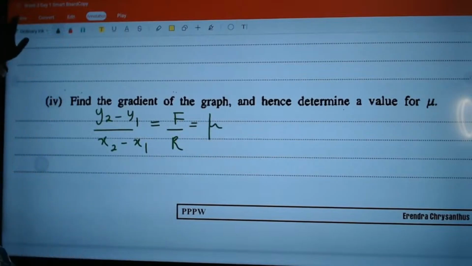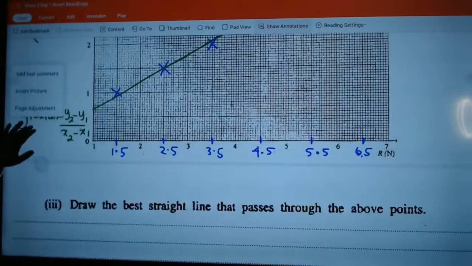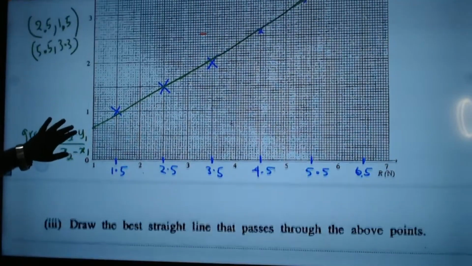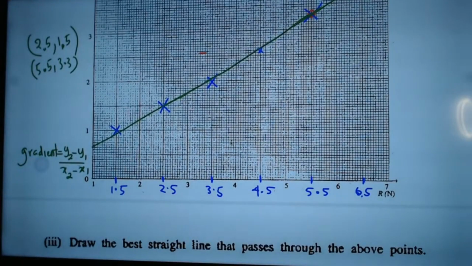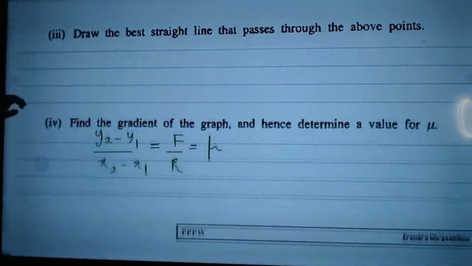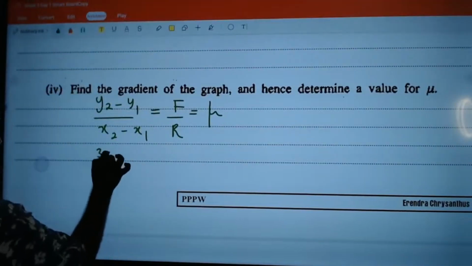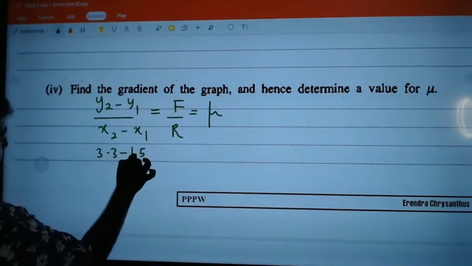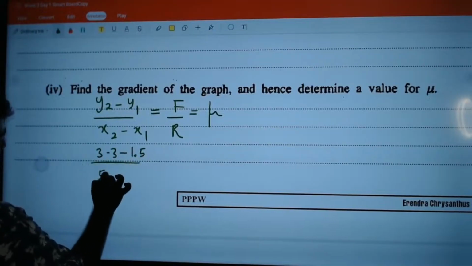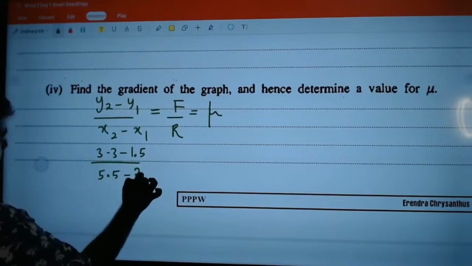So what is y2? y2 is 3.3 minus 1.5, 3.3 minus 1.5, over 5.5 minus 2.5.